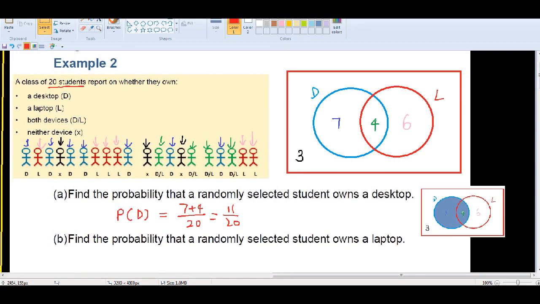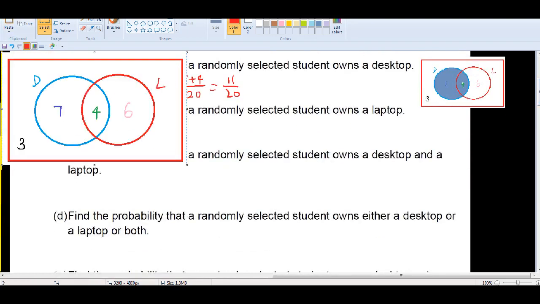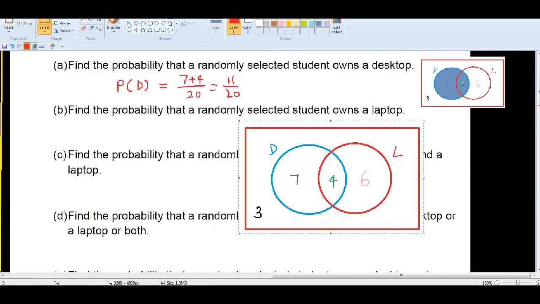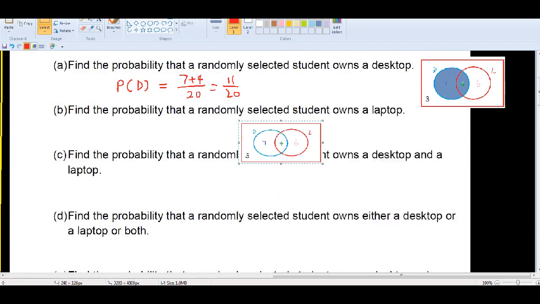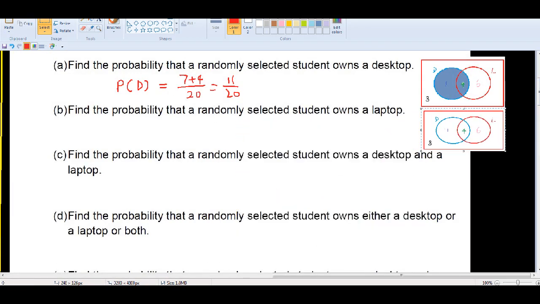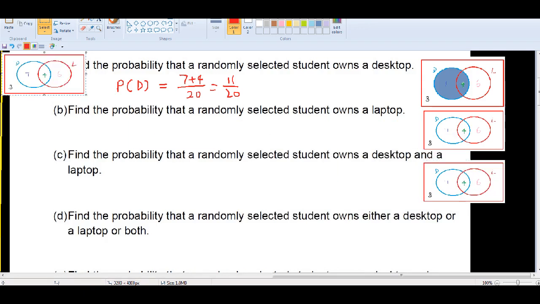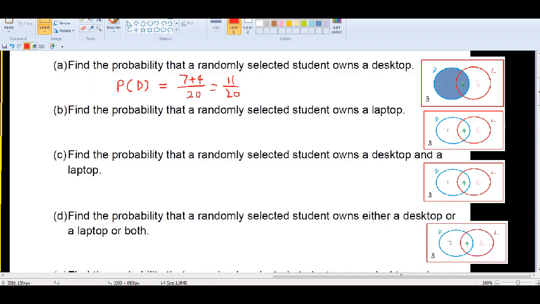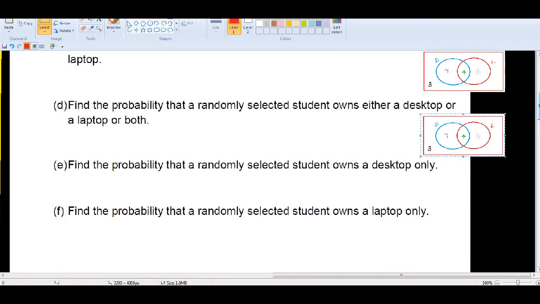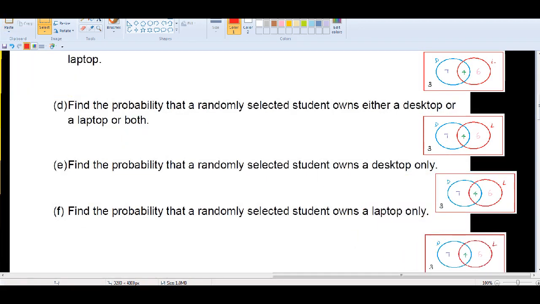Okay, the next one is about a laptop. Let me make it really small. Possibly it would be smarter for me to copy this many times rather than do it every time. Alright, that looks fine.